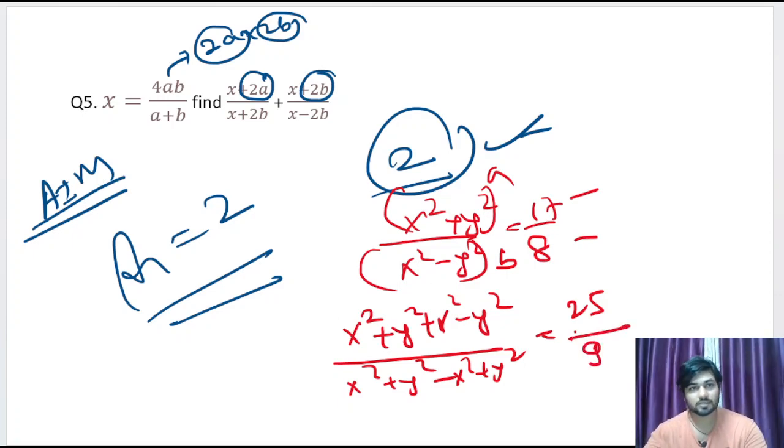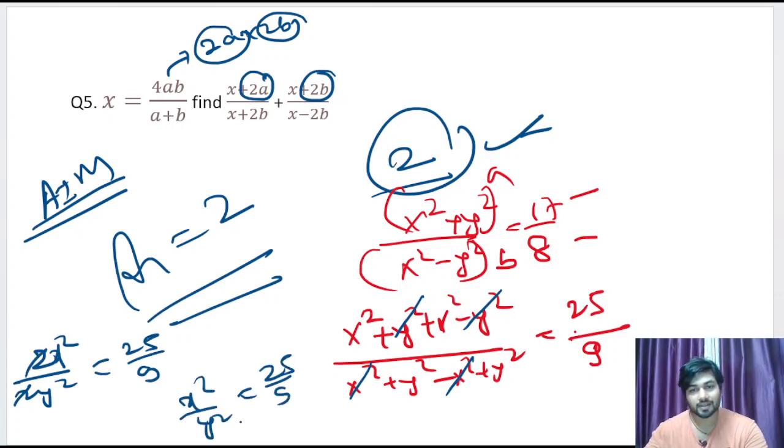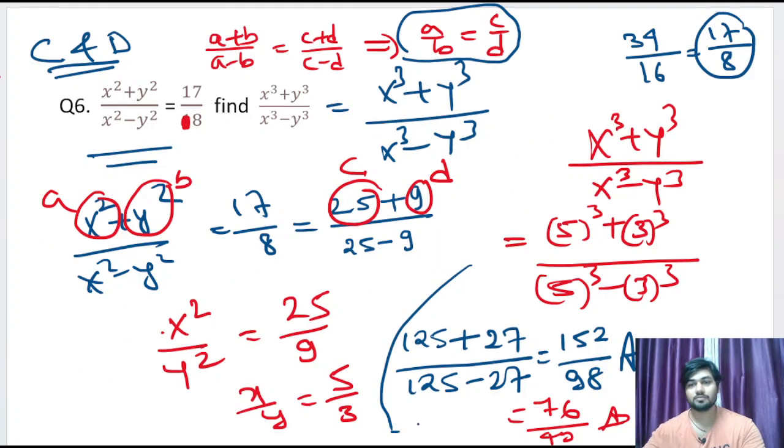Here y square and x square get cancelled out, so we are left with 2x square upon 2y square is equal to 25 upon 9. The 2 will also cancel out, so we remain with x square upon y square is equal to 25 by 9. The same thing that we got here.